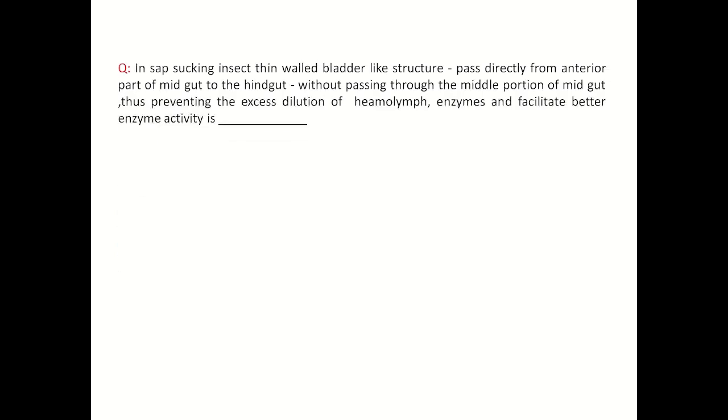In sap-sucking insects, a thin-walled bladder-like structure passes directly from the anterior part of the midgut to the hindgut without passing through the middle portion of the midgut, thus preventing excess dilution of the hemolymph enzymes and facilitating better enzyme activity. It is known as filter chamber.